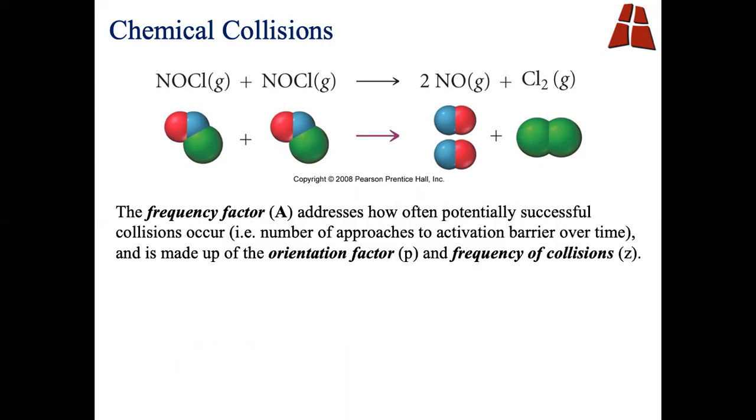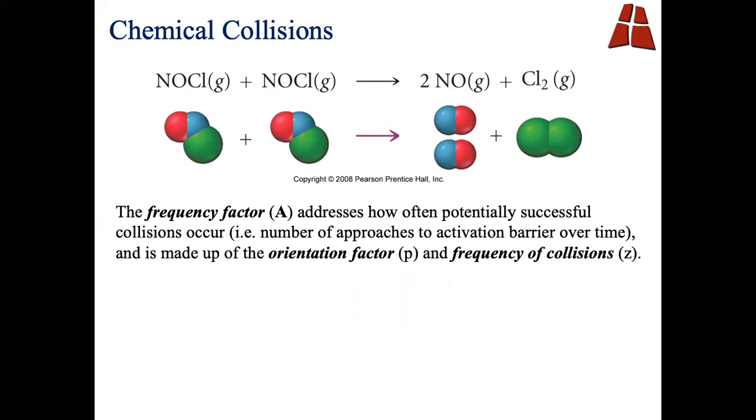Okay. We can, of course, define this mathematically using a term we call A, which is the frequency factor that describes how often these potentially successful collisions occur.